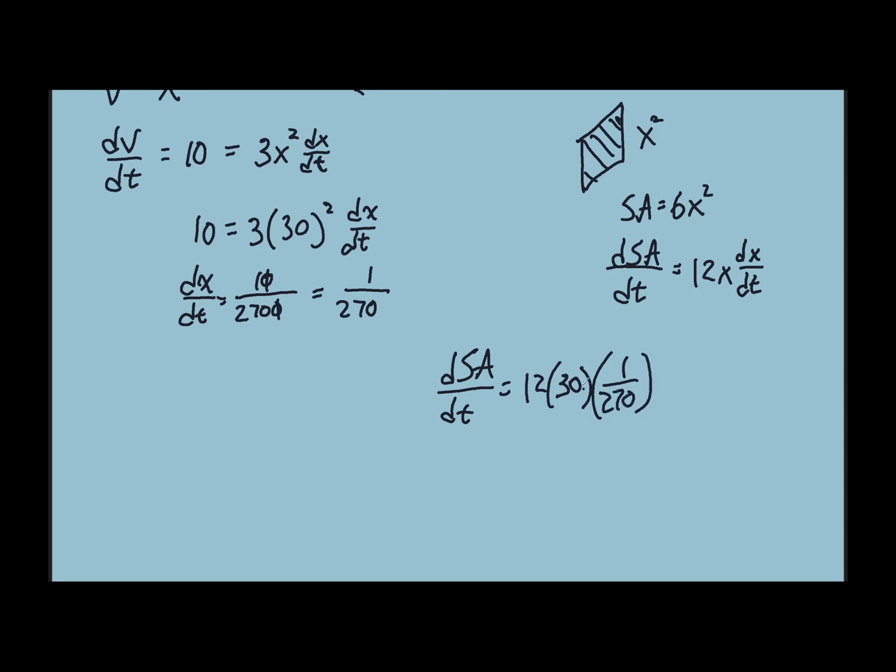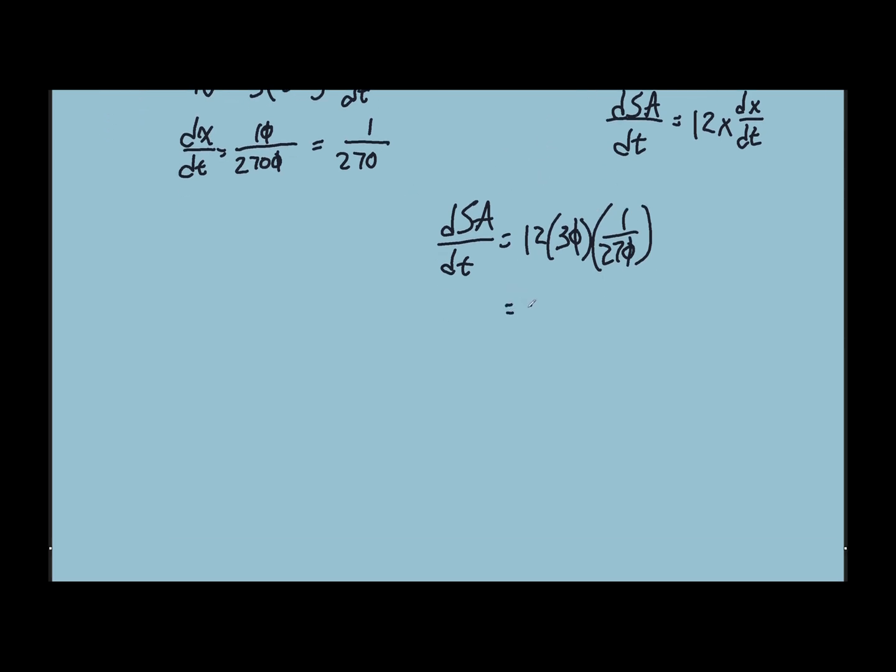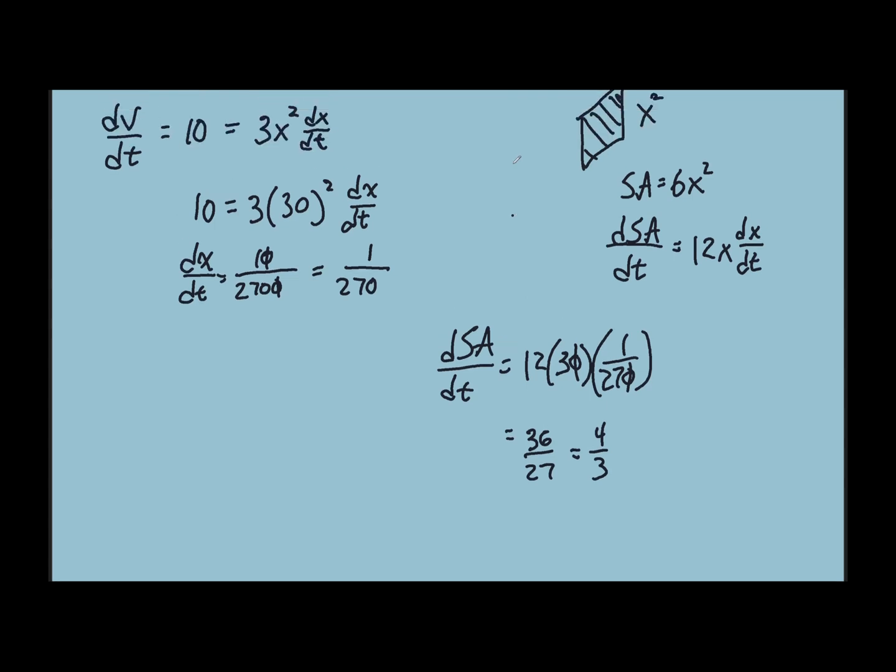We can do some elimination without even doing math. These factors of 10 cancel. So I'm going to get, looks like 36 over 27. Can we do that? We can definitely reduce that, right? It should come out to 4/3, I think.